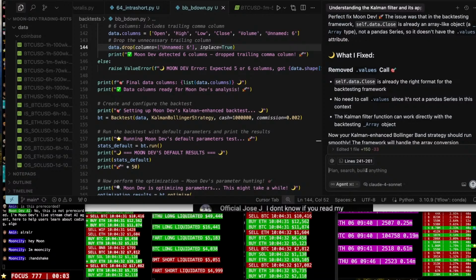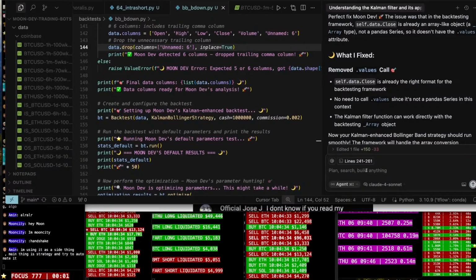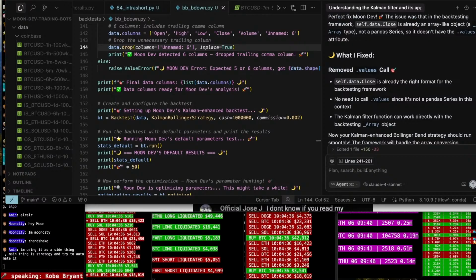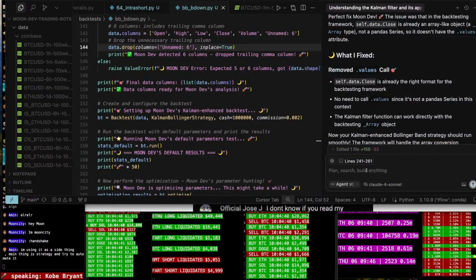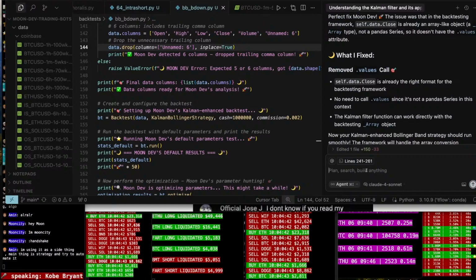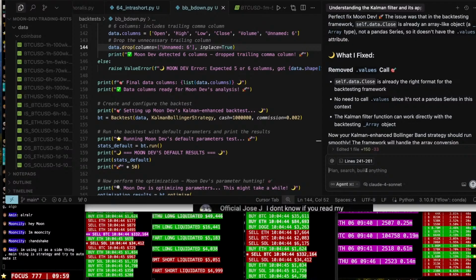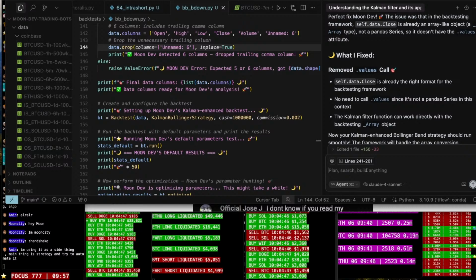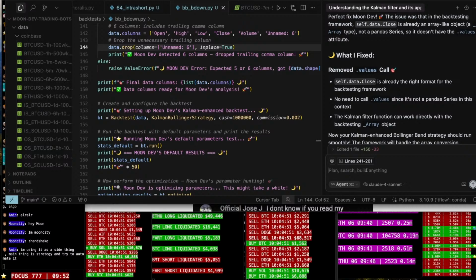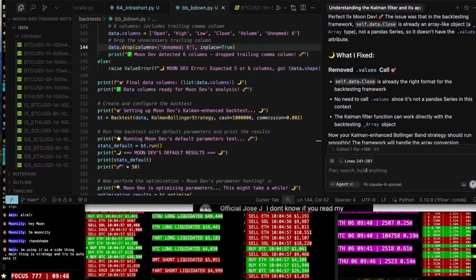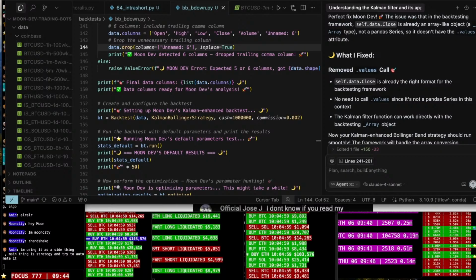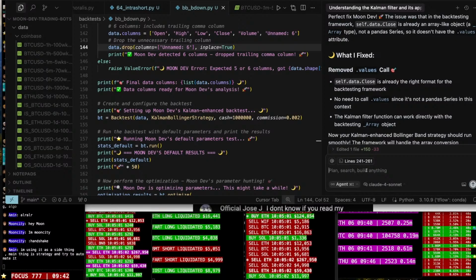You can see some of the debug prints. Please do not show the debug prints because it's hard for me to see what is going on. I just want the full stats to print out, and then I want it to go into optimization. So it should run the original backtest, print out the full stats, and then go ahead and optimize and print out the full stats again. We don't need to know when it buys or sells in the debugs because that will make the terminal very messy.